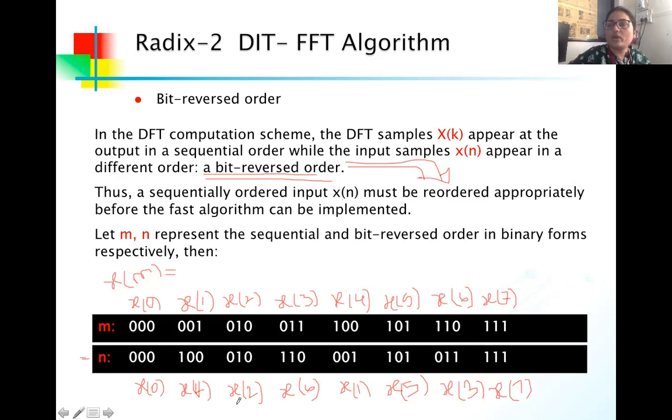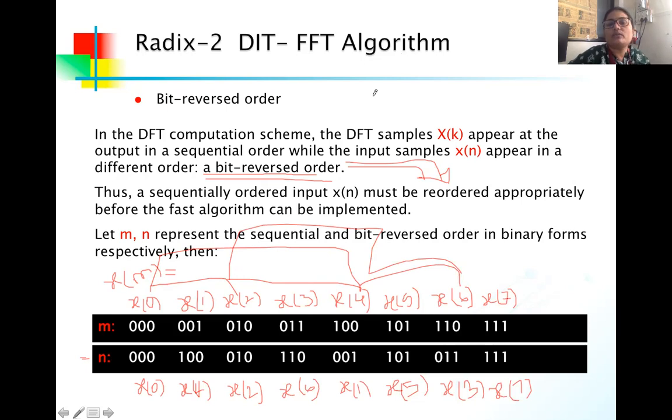Now the point you should note is that in the first part, we have collected all the even values, and through these even values again we have collected even values. So the even values are x0 and x4, and x2 and x6 are the odd values.